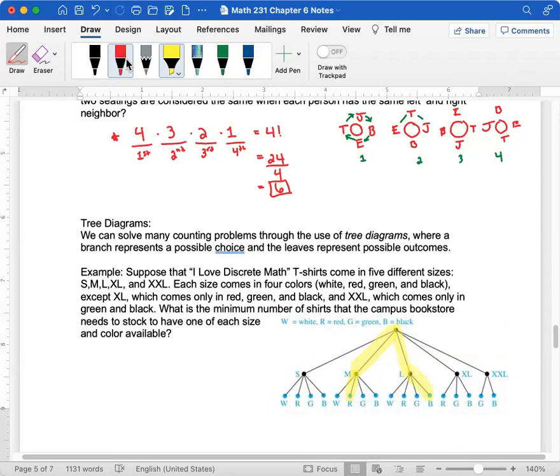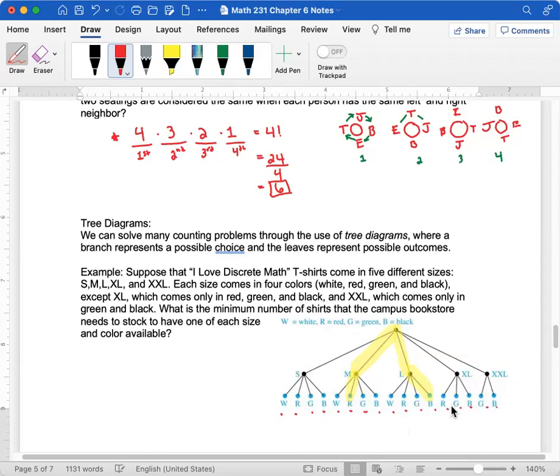So all of these represent possible outcomes when we line them up. You start with the shirt sizes, that's the first row of dots, and then the last row are the colors. So we have a total of 1, 2, 3, 4, 5, 6, 7, 8, 9, 10, 11, 12, 13, 14, 15, 16, 17.